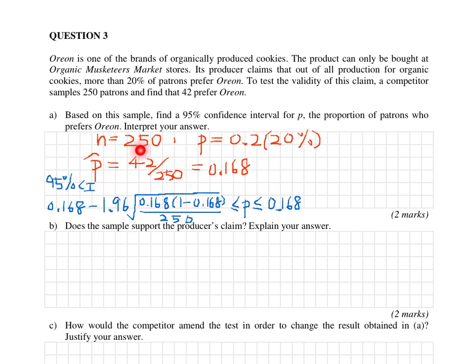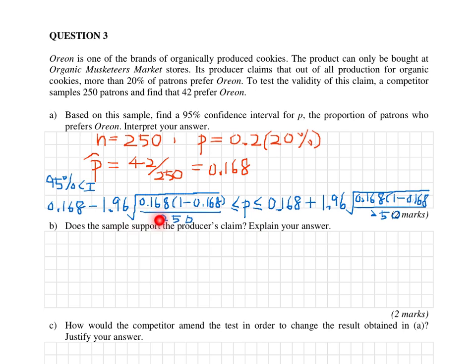So here the key information is 250. This is a claim by Orion, and this is the sample size and also the proportion obtained by the competitor. And the formula for calculating the 95% confidence interval is as follows. I continue this.